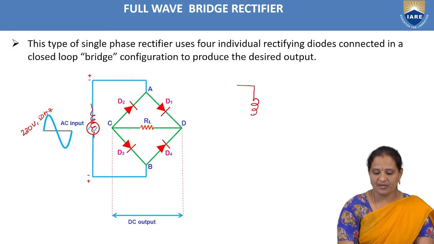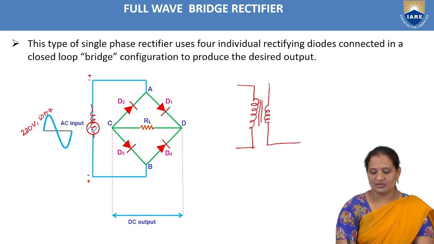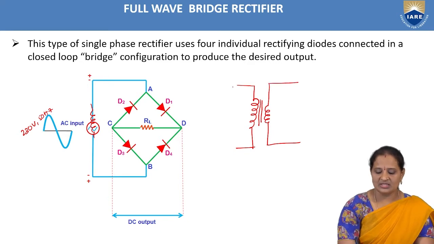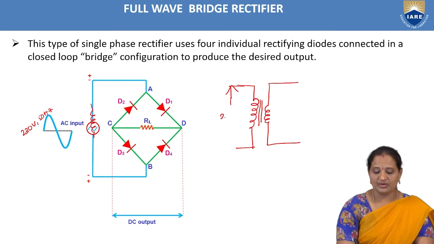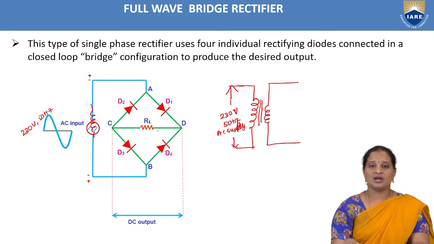The primary winding has more turns compared to the secondary winding, because we are using a step down transformer. Here we get 230 volts and 50 hertz AC supply in the primary winding, and as we are using a step down transformer, this 230 volts will be cut down to our required voltage level.